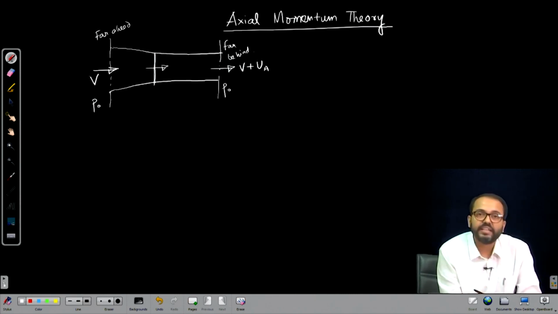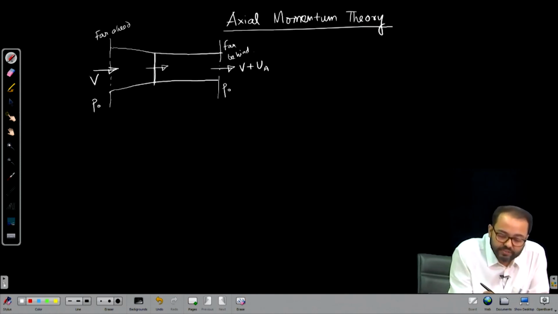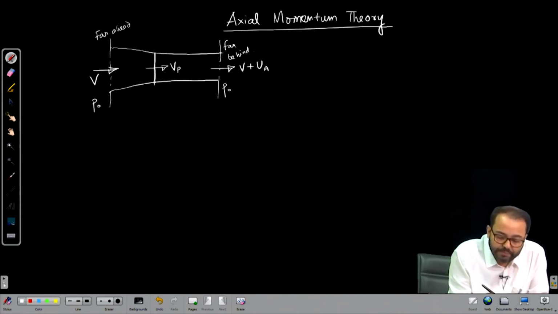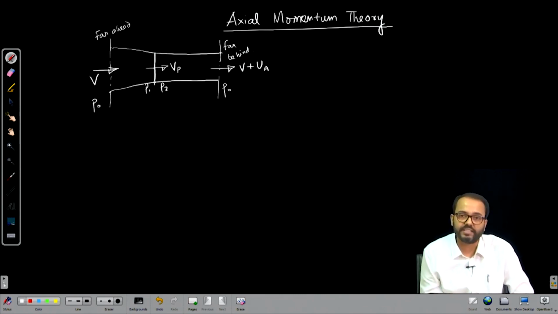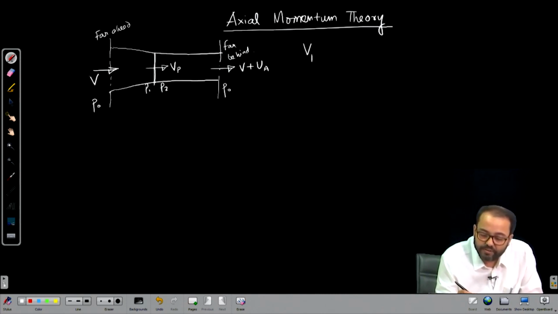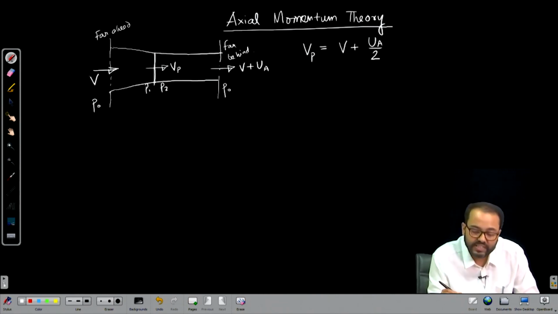So, the propeller is simulated with an actuator disc which imparts axial momentum to the flow. Here the velocity is Vp at the propeller plane, and there is a pressure jump from P1 to P2 across the propeller disc. So, the key equations that we have derived in the last class were Vp equal to V plus Ua by 2, where Ua is the total axial induced velocity.